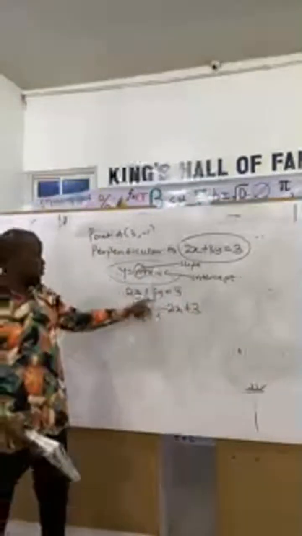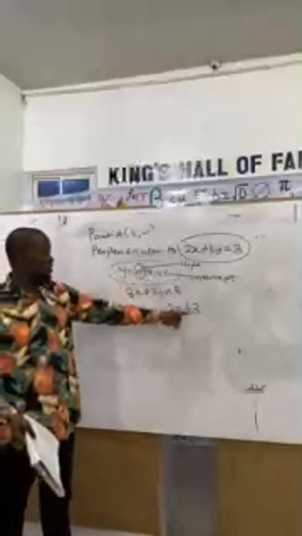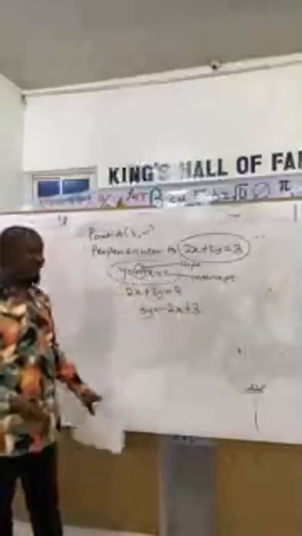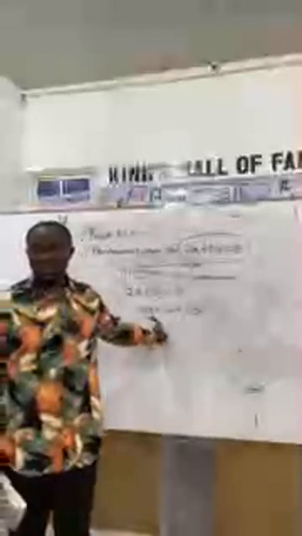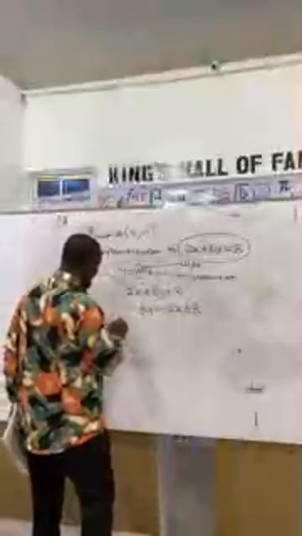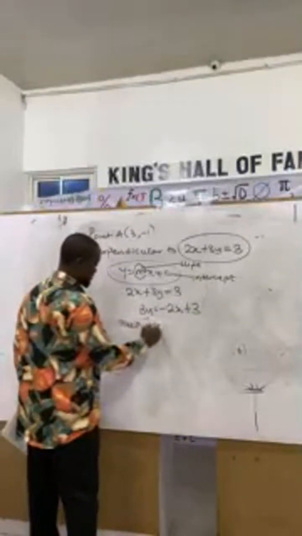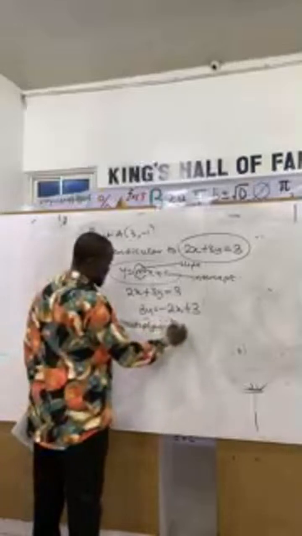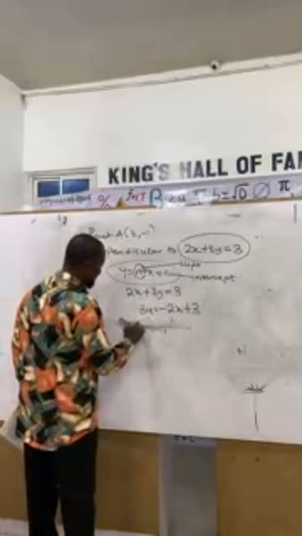3y stays, one crossover. I want to make sure we have y here. We have a constant here. So from that point, to remove this 3 as a coefficient of y, we divide all through by 3.